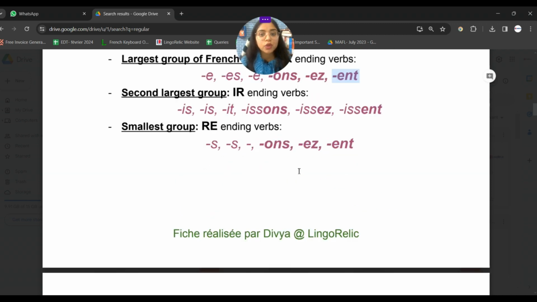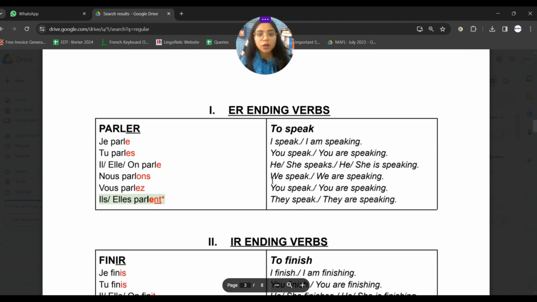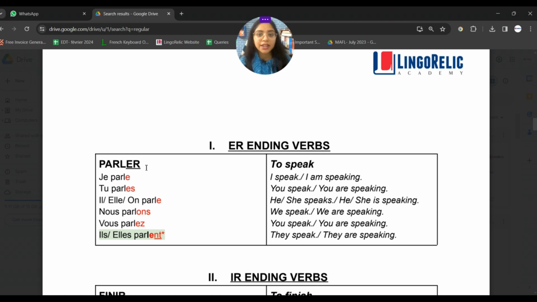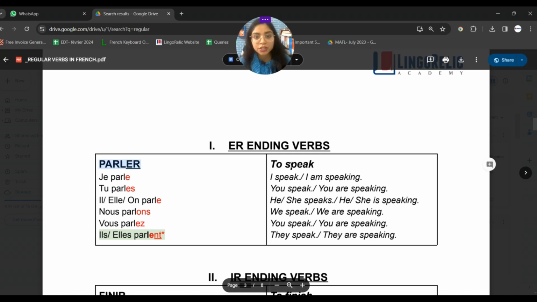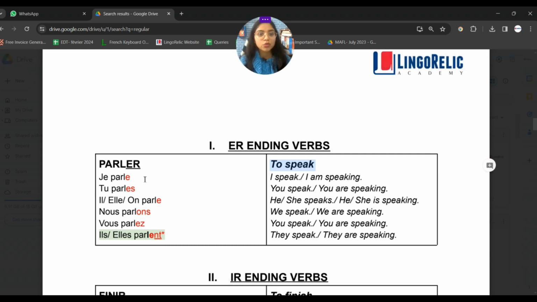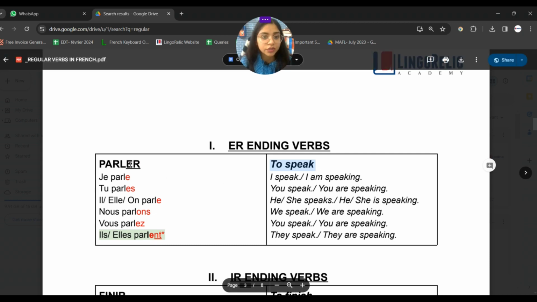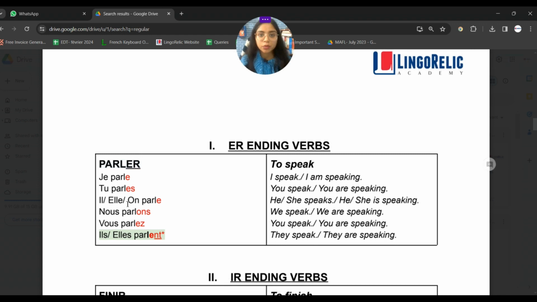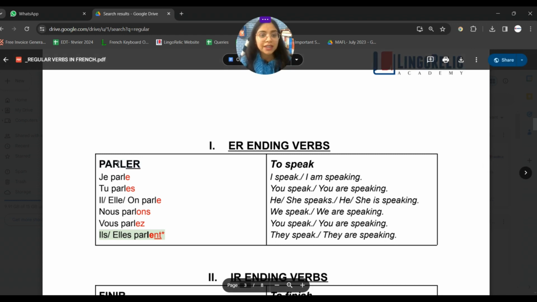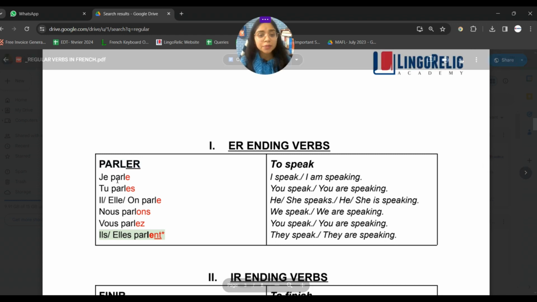Now, if you have to conjugate a regular verb from the ER group, for example, take parler, which means to speak, first you remove the ER ending from the verb, and you are left with PARL. This PARL you will put with all of the pronouns.